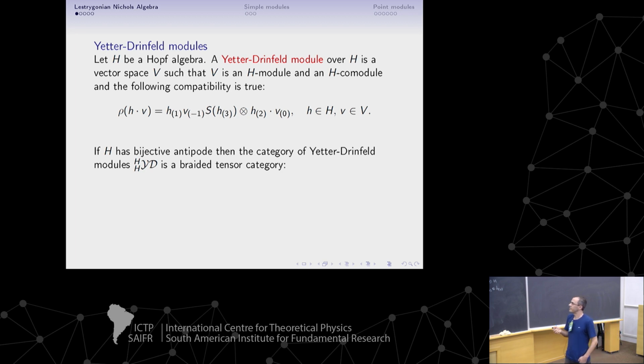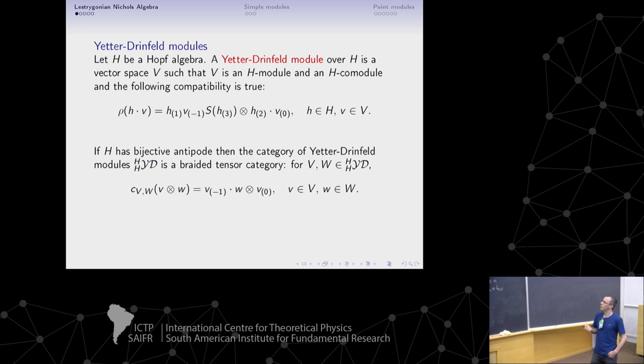When H is a Hopf algebra with bijective antipode, the category of Yetter-Drinfeld modules is indeed a braided tensor category. In this case, we have the following braiding between two objects. The braiding is given by this formula.